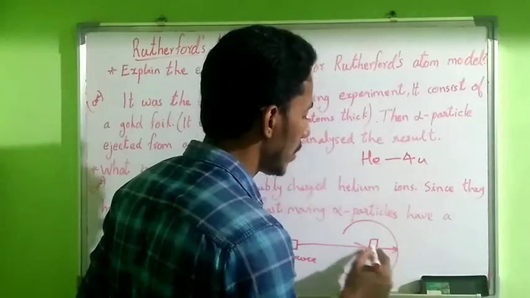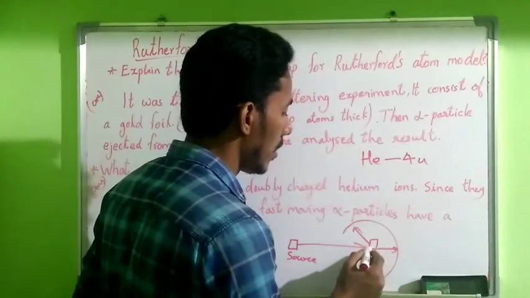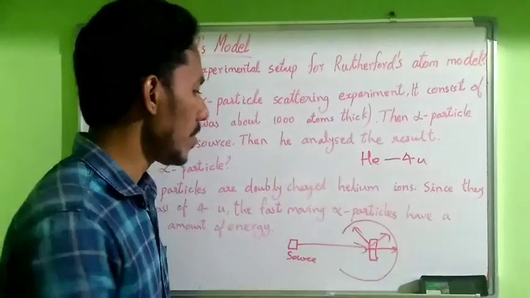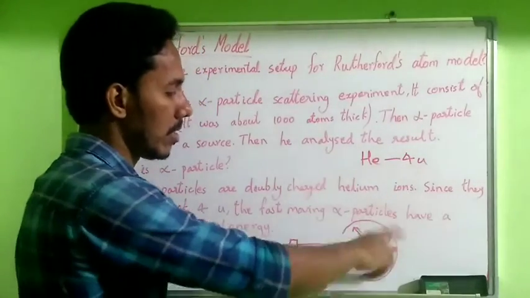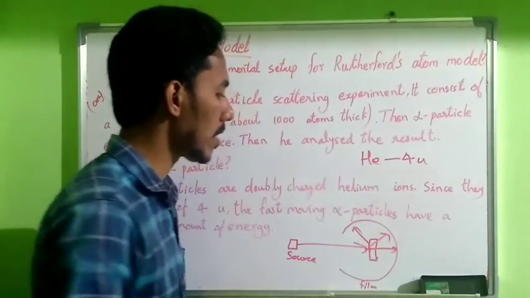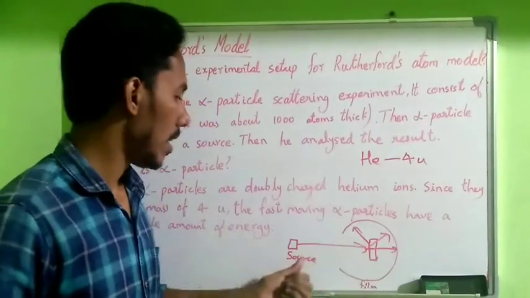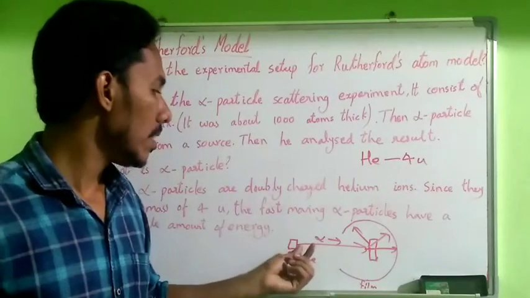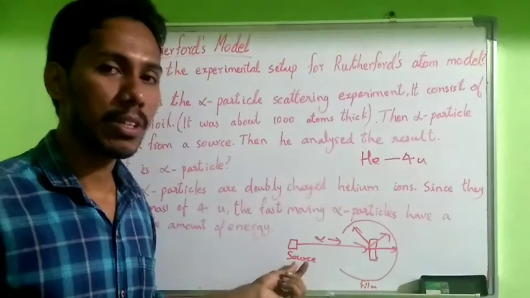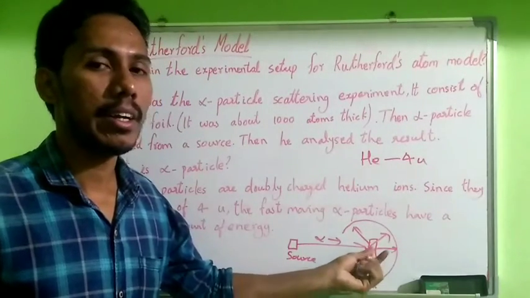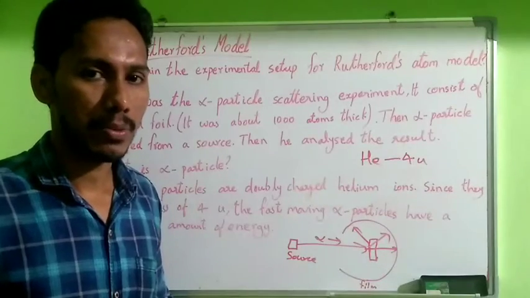Some particles transmit, some reflect, and some deviate. These alpha particles are detected by this film. In his experiment, he passed alpha particles from a source to the gold foil.